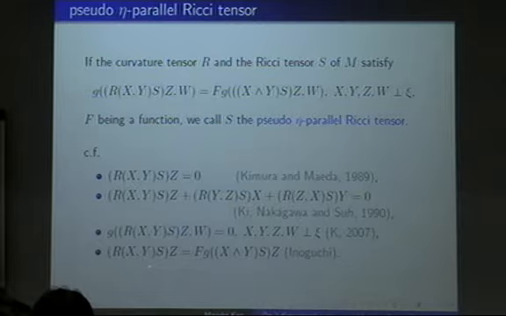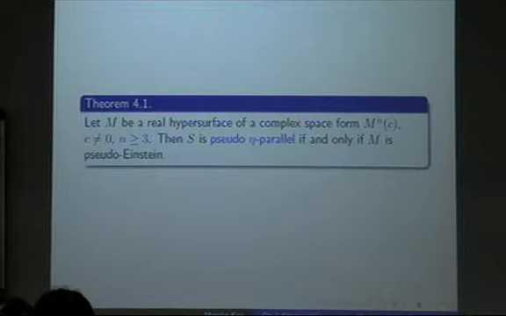And this condition is related, but in this condition, X, Y, Z, W are orthogonal to Z. For the condition, we proved this theorem, but we have to suppose n is greater than or equal to 3.